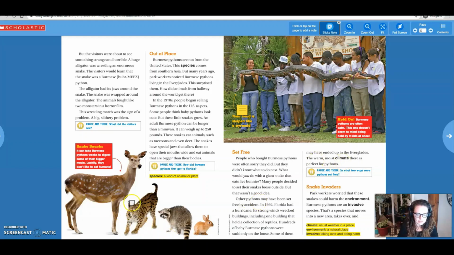And I see some animals here that I know live in Florida because I see them here in Texas too, like deer, bobcats, raccoons, rabbits. And it says Snake Snacks. It can take a Burmese python weeks to digest some of their bigger meals. Luckily, they don't eat humans. Well, that's a relief. I had no idea that a python could eat a whole deer. But now, looking at this python here, I can kind of believe it. Whew.